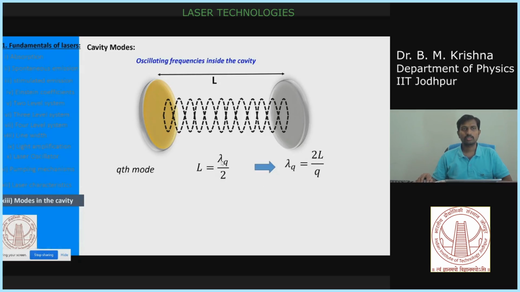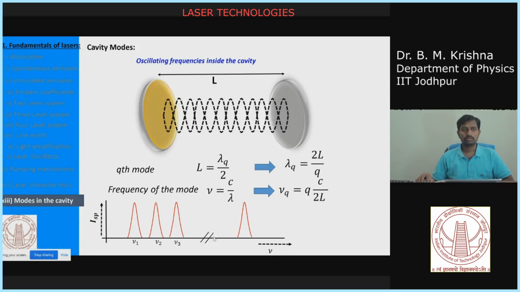So here there is a small mistake, it should be q λ by 2. So your length is nothing but q λ by 2, and your λq equals 2L by q. So the frequency of the mode is equal to C by λ, then you will get q C by 2L. So that is the frequency of the qth mode.